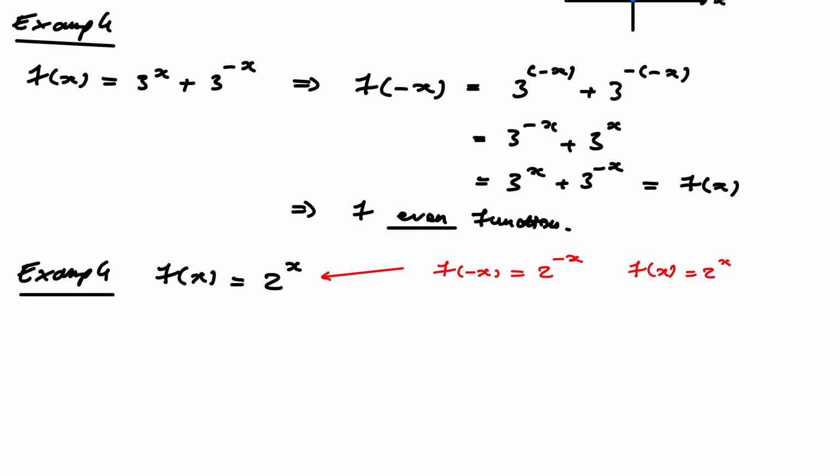Just because they're different looking expressions doesn't absolutely guarantee they're not equal, right? You'd need to do some algebra. Maybe it's the same thing just dressed up in some fancy way. So if you want to show these two are not equal to each other, or one isn't the negative of the other, which is the thing you're looking for if you're looking for odd or even, rather than come up with some sort of general reason why this isn't the same as this, just find one place where it fails.